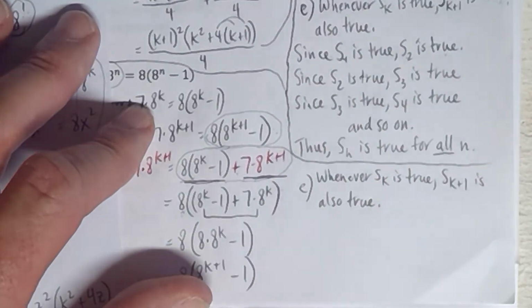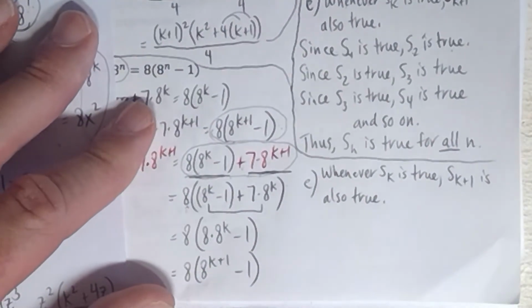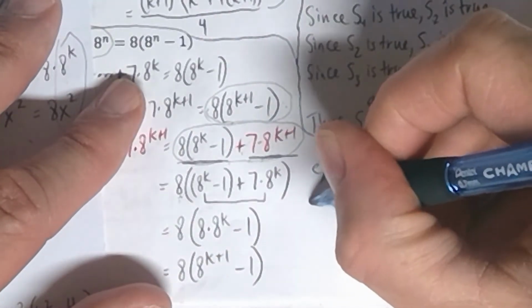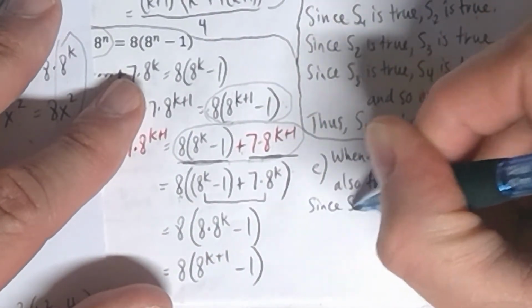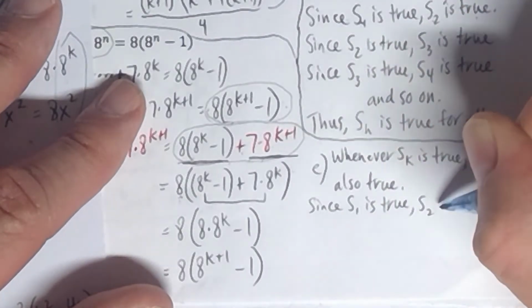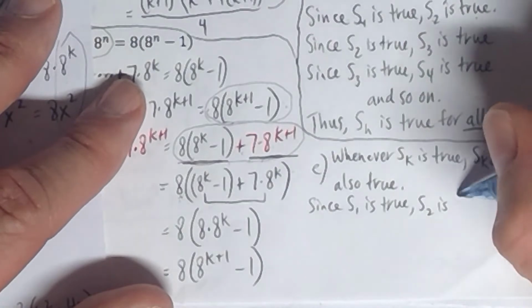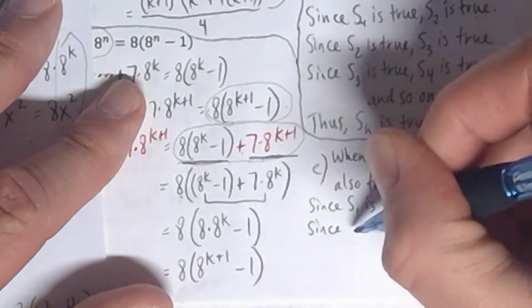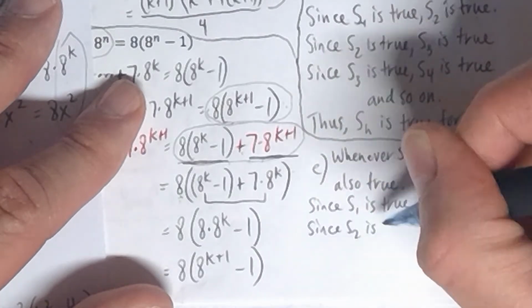And what does that mean? That means that since S_1 is true, S_2 is also true. You could just say true. Also is just being overly, given overemphasis there.